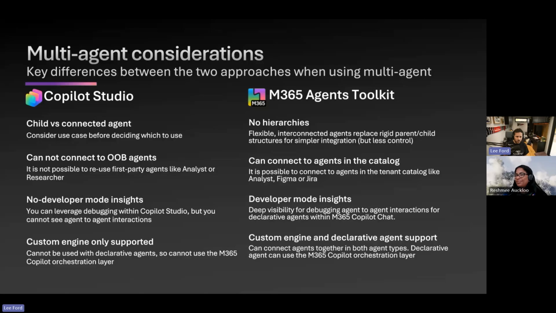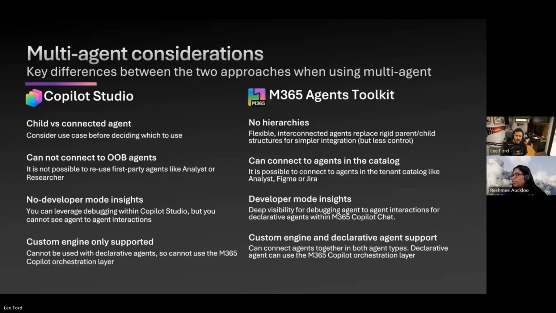It really does depend on what you're looking to build, what you're comfortable using from a tooling perspective, and also what you might already have. So if you already have an agent built in code that you want to bring into Copilot Studio, into Copilot, then that's fine. If you've already built something in Copilot Studio, an agent that does something, and you want to connect to that existing agent, why would you build something in Agents Toolkit when you have that already?